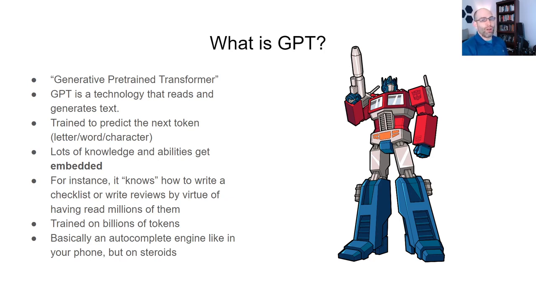So for instance, it knows how to write a checklist by virtue of having read millions of checklists. It also knows how to write code because it's read lots of code. And so just by virtue of predicting what comes next, it learns to figure out what comes next. It was trained on billions and billions of tokens. Now, the easiest way to think about it is that it is an autocomplete engine like what you might have on your phone, but it's on steroids.